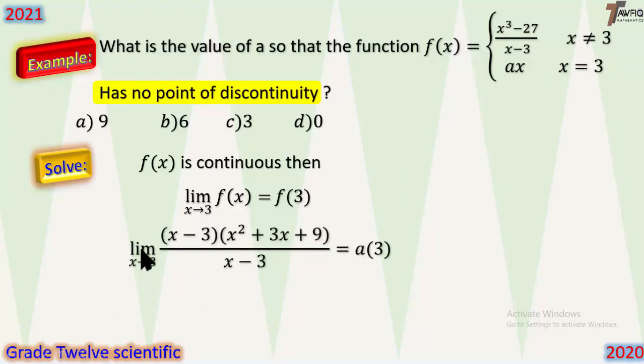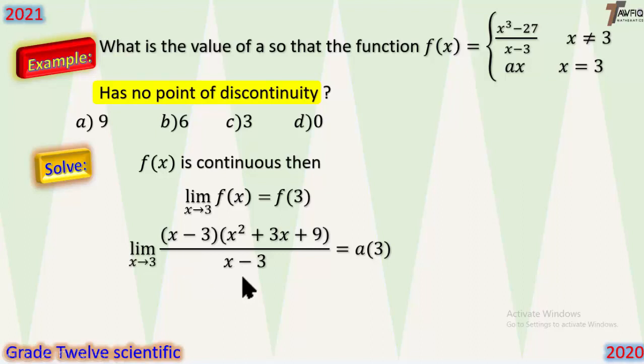And then the limit when x approaches 3, we are factoring the numerator: x minus 3 times x squared plus 3x plus 9, over x minus 3.